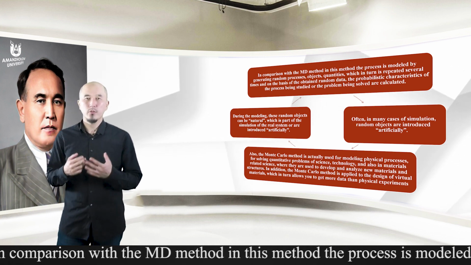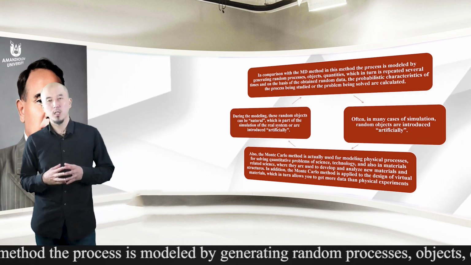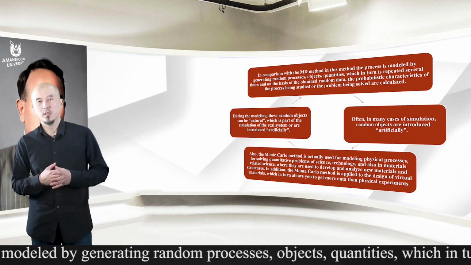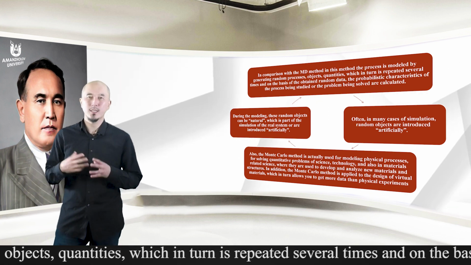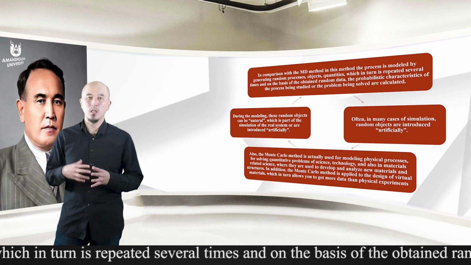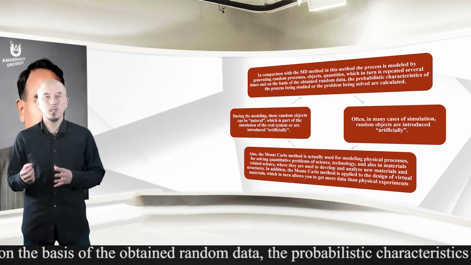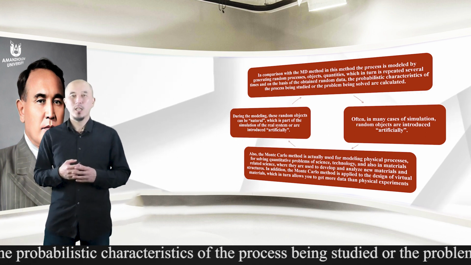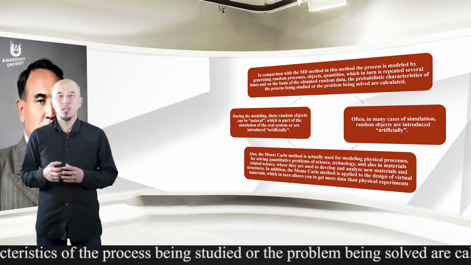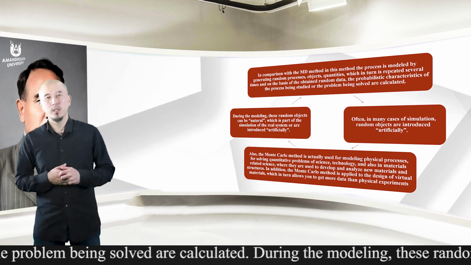In comparison with the MD method, in this method the process is modeled by generating random processes, objects, and quantities, which in turn is repeated several times, and on the basis of the obtained random data, the probabilistic characteristics of the processes being studied or the problem being solved are calculated.